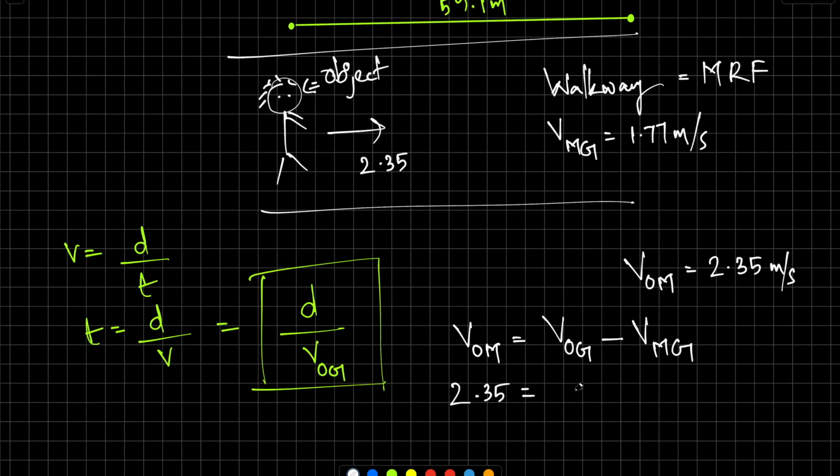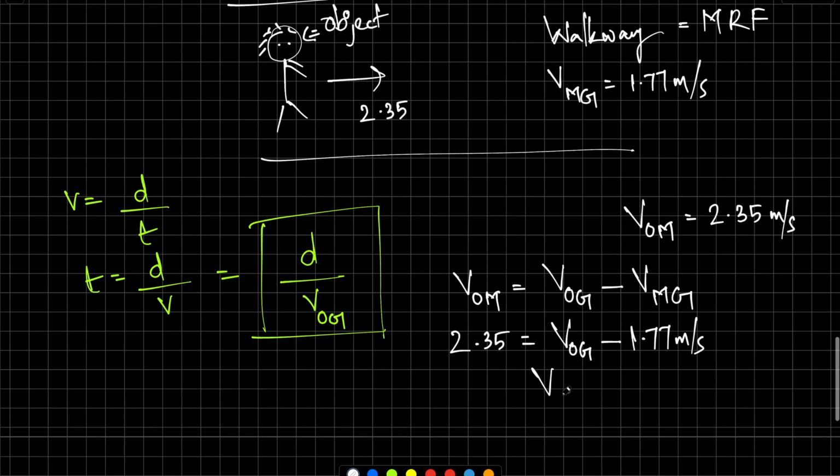VOG is unknown, we're going to find that, minus the velocity of the moving reference frame with respect to ground. The velocity of the walkway is 1.77 meters per second. So VOG equals, rearranging the equation, 2.35 plus 1.77, 4.12 meters per second.